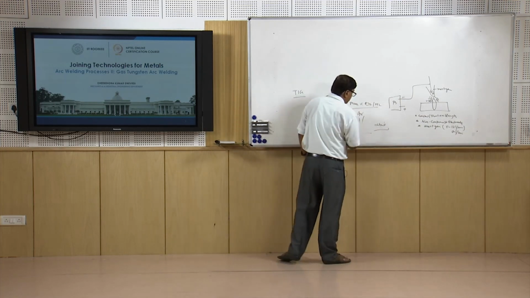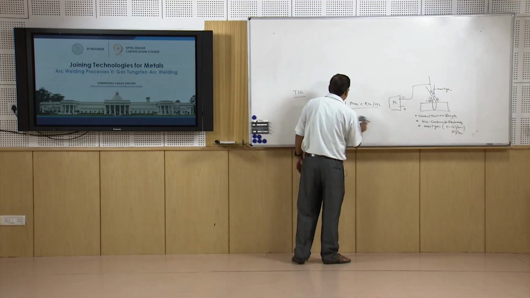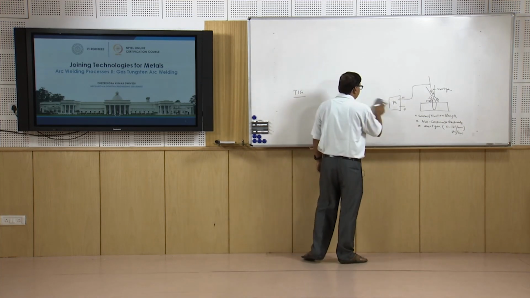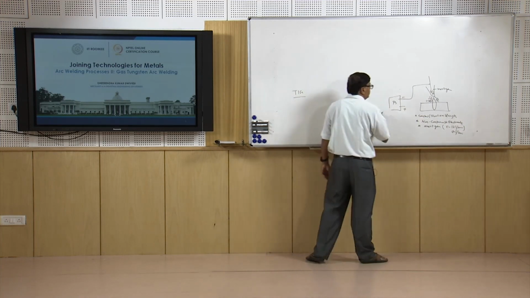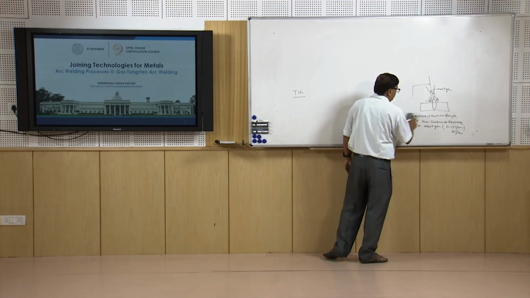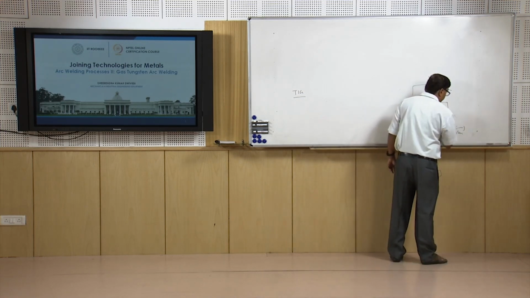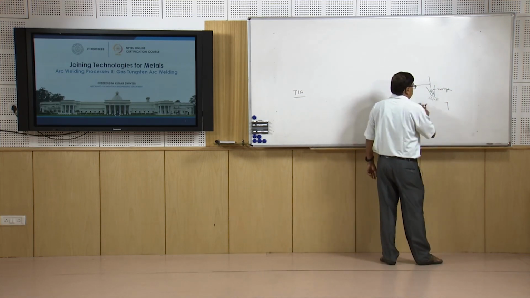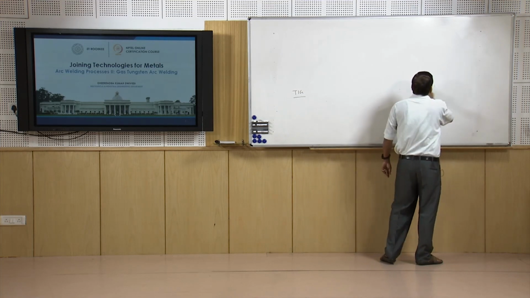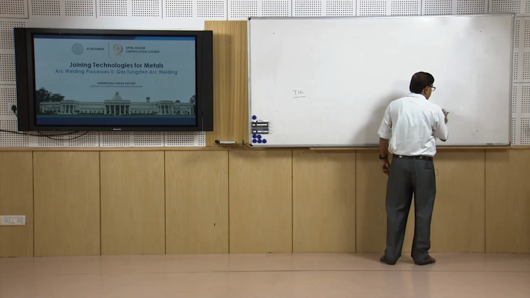Only thing is that the cost of the helium is high, and the stability offered by the helium for the arc is poor because of the high ionization potential as compared to the argon.